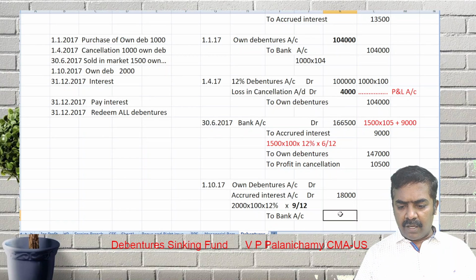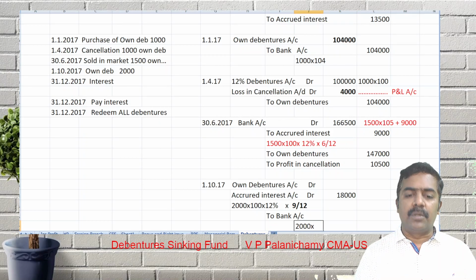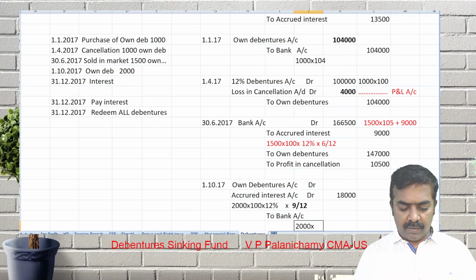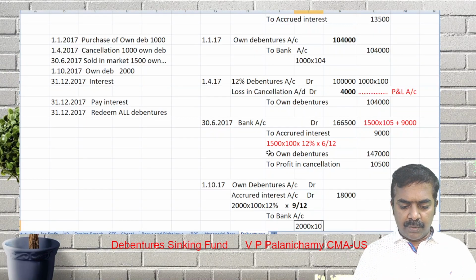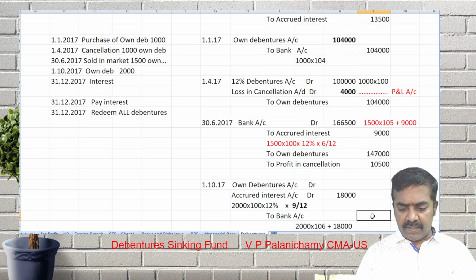18,000. To bank account will be, how much have we quoted? To bank account will be 2000 into what is the quotation? How much have we quoted? 106 plus interest. Plus interest. 2000 into 106 plus interest you have to pay.